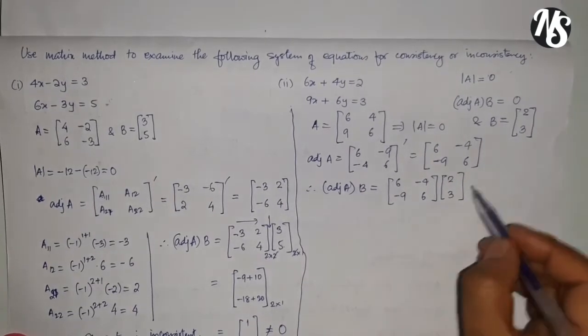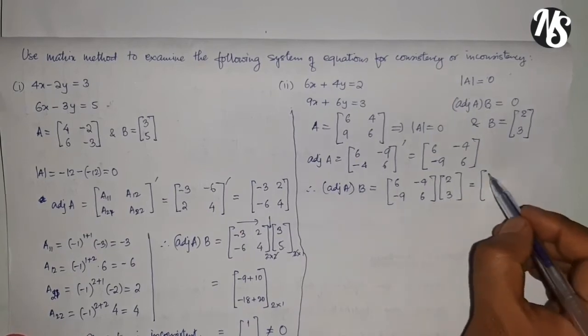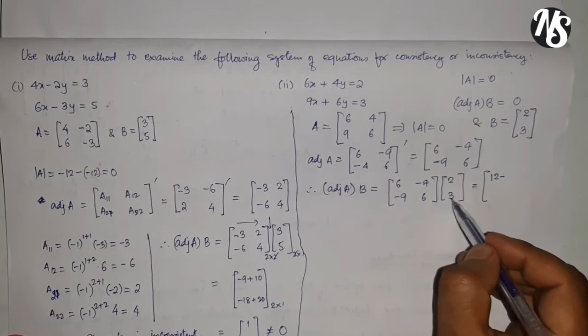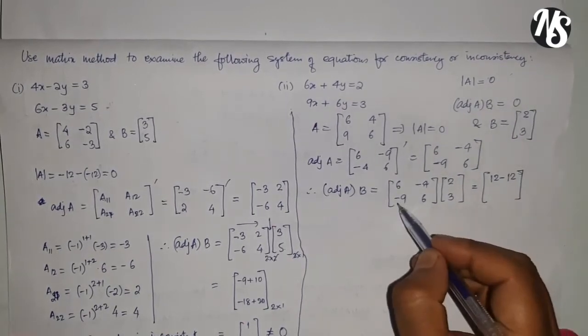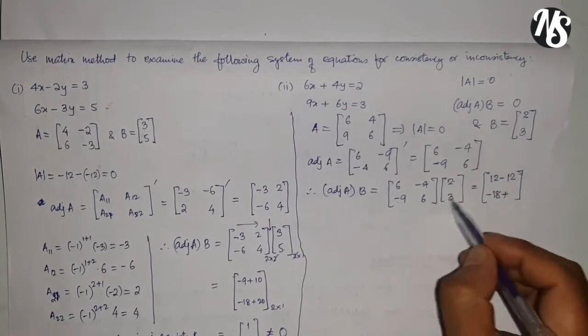Let's quickly find this. You have 6 2s are 12, plus 4 3s are 12, and we have a minus also, so minus 12. Then minus 18 plus 6 3s are 18.